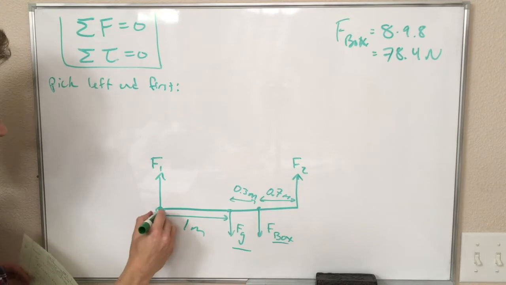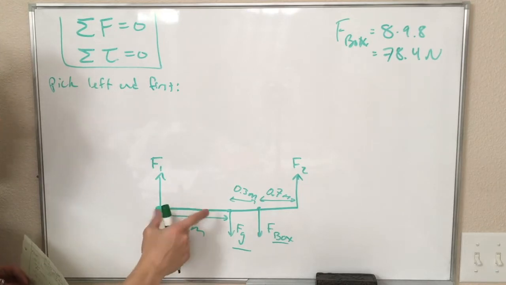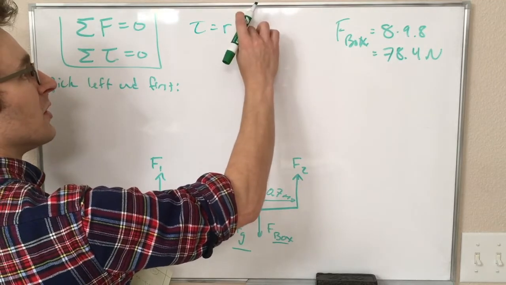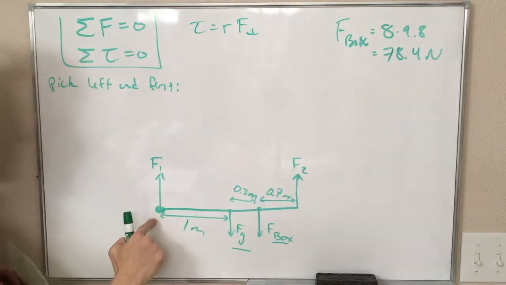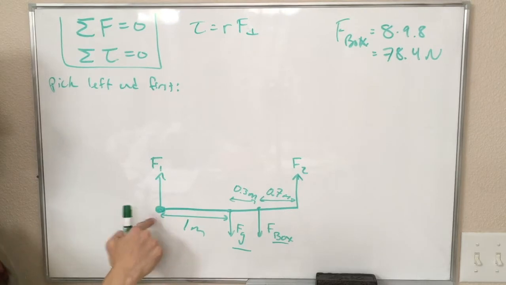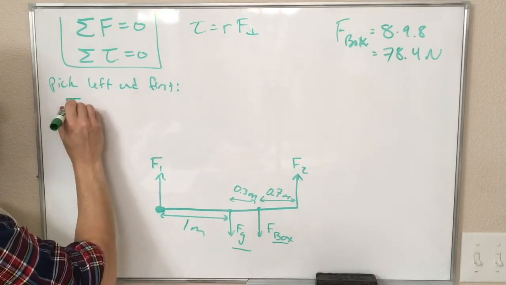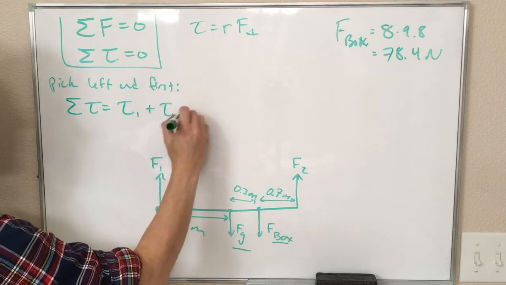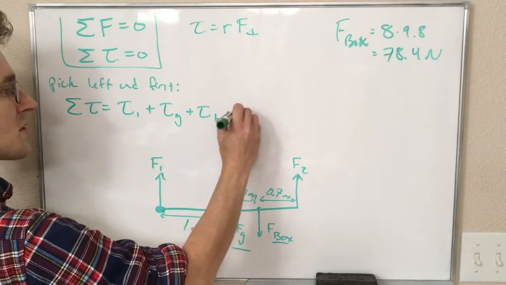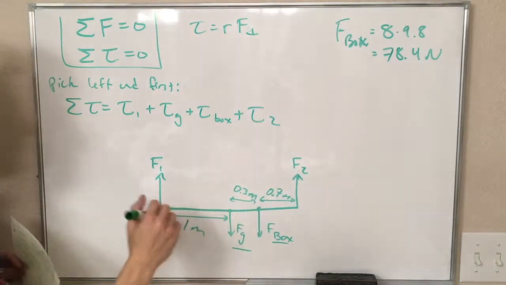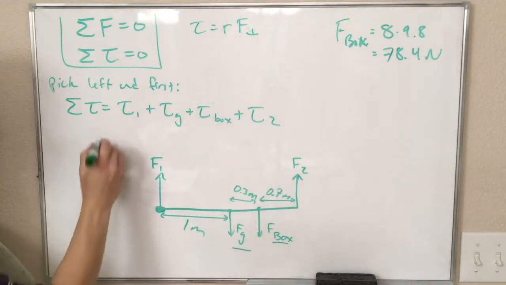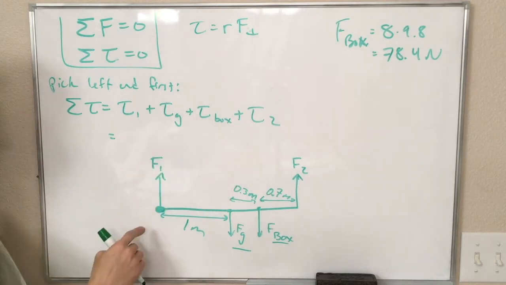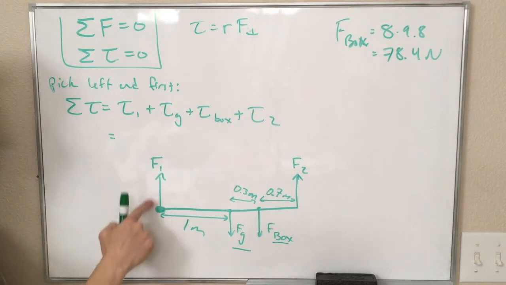If we're using this as our rotation point, all of our r's in our tau equals r F perpendicular equation are measured from this point. So the sum of our torques is going to look like this: torque 1 plus torque gravity plus torque box plus torque 2. Going through these in order from left to right, torque 1 is equal to R times F1.